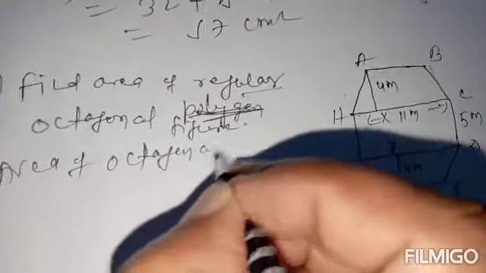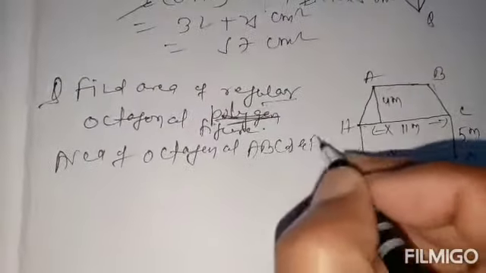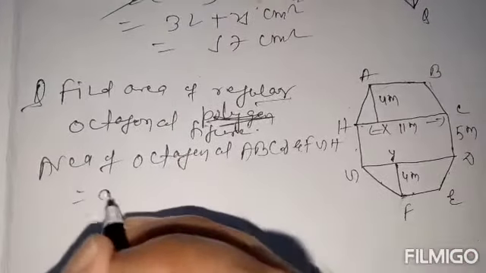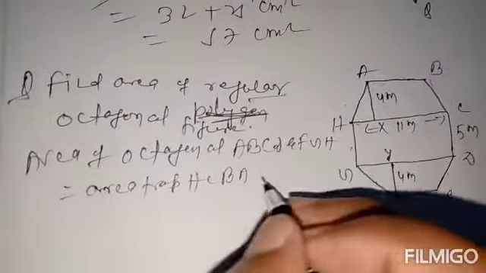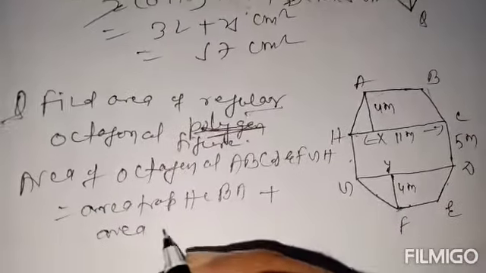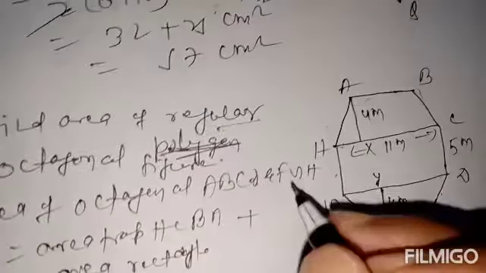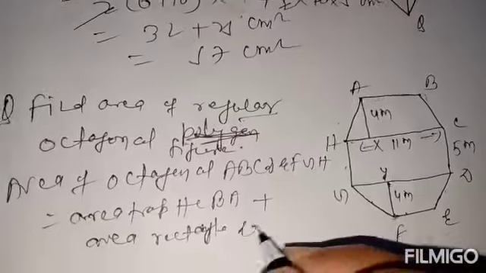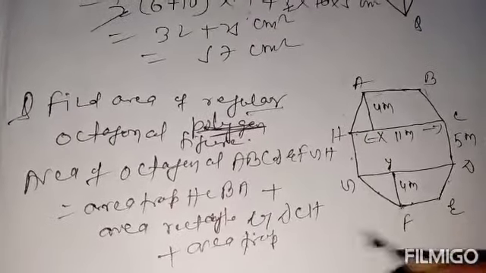Area of octagon ABCDEFGH is equal to area of trapezium HCBA plus area of rectangle GDCH plus area of trapezium GDEF.